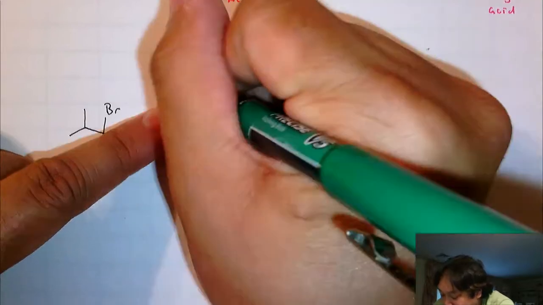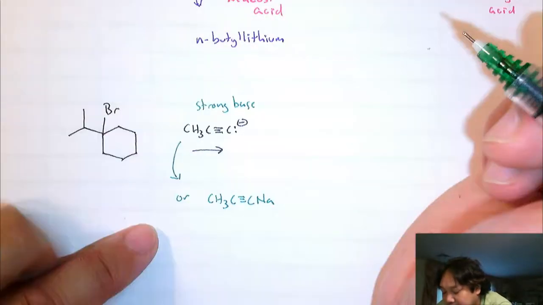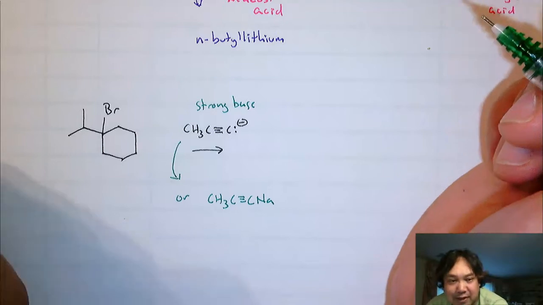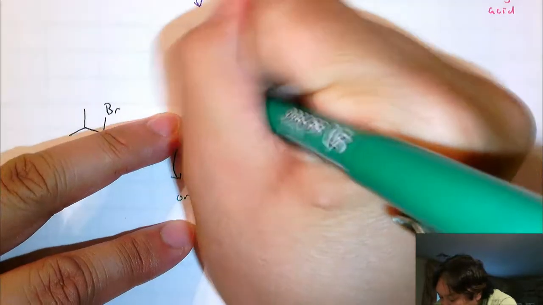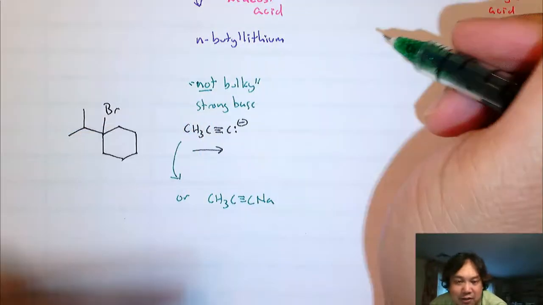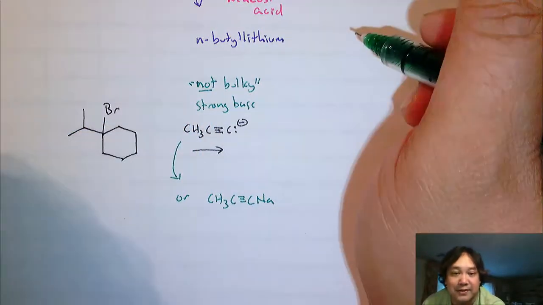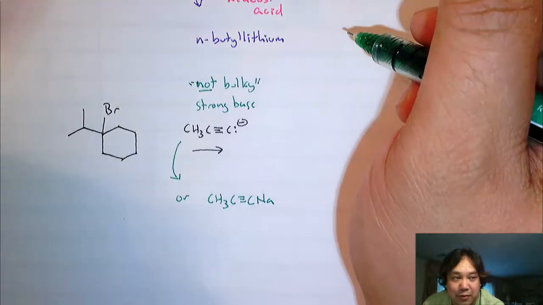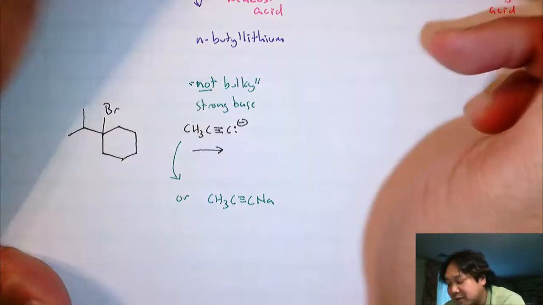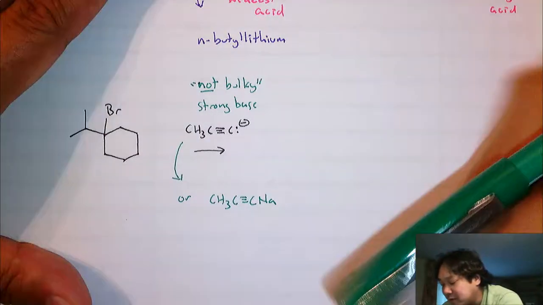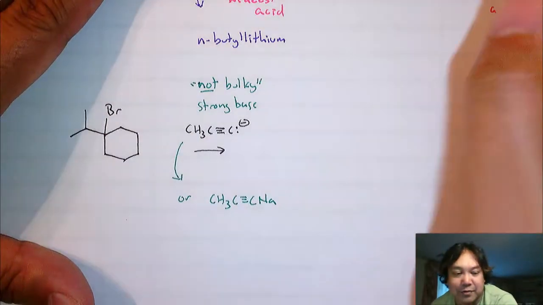So this is not bulky, so we don't have to worry about picking the Hofmann product as the major product. There's only one bulky base that I typically teach, and that's potassium tert-butoxide. Some semesters I would teach others, but mostly it's just potassium tert-butoxide.